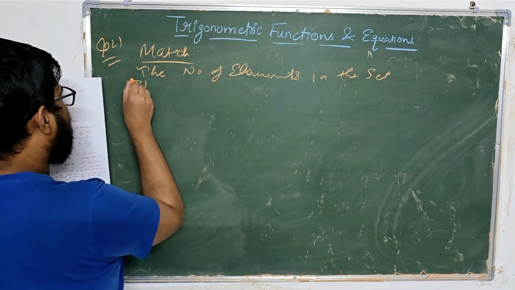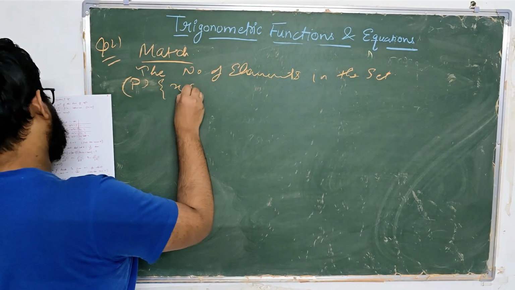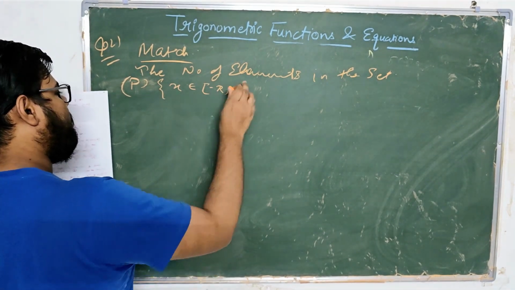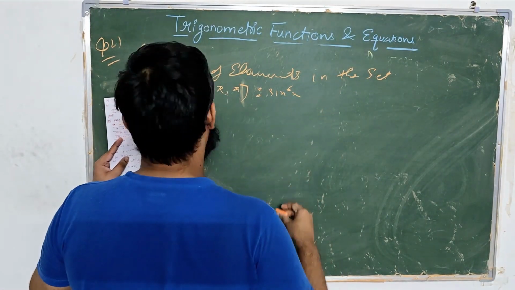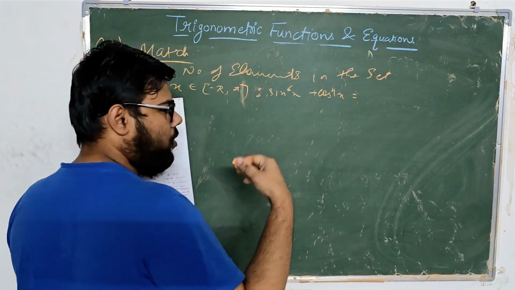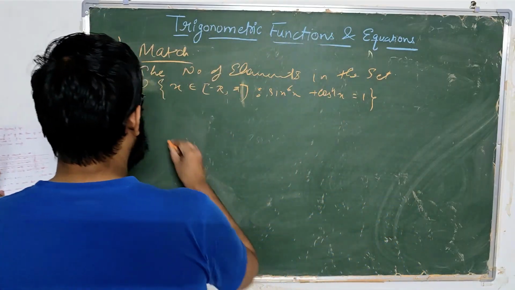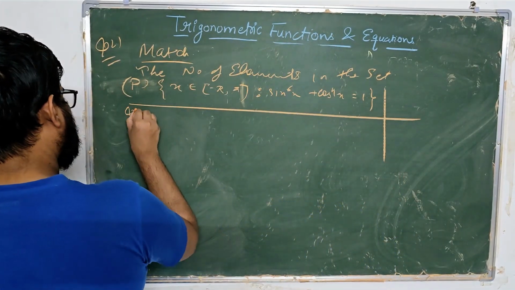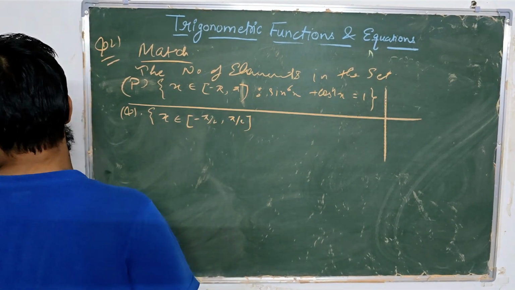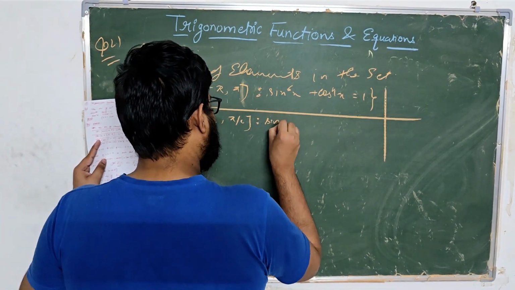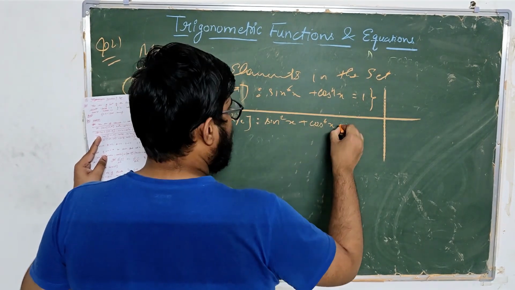Option P: x belongs to negative pi to pi, both included, sine raised to the power 6x plus cos raised to the power 4x is equal to 1.